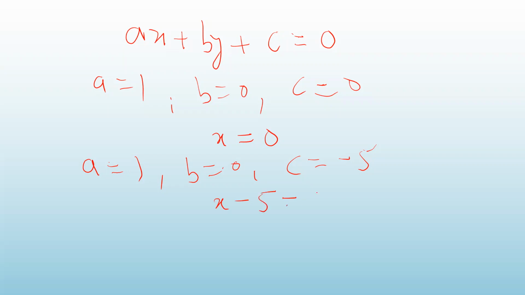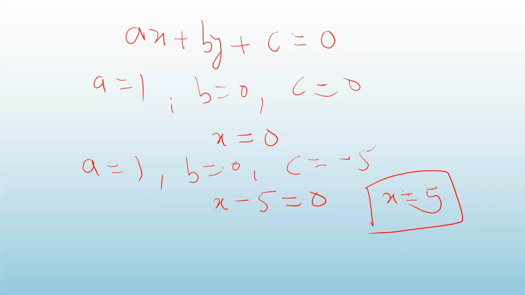So I will get x minus 5 equal to 0, which is the same as x is equal to 5. And what is this x equal to 5? If I ask you to draw this line, can you draw this line on the graph paper? Yes, it is the equation of the line parallel to which axis? Y-axis. To the right side of y-axis or left side? Right side. Very good. So if I give different values to a, b and c, I'm going to get different lines and I can plot them on the graph paper.